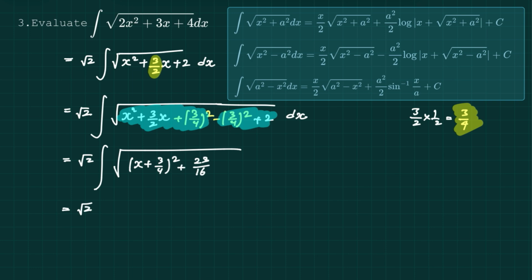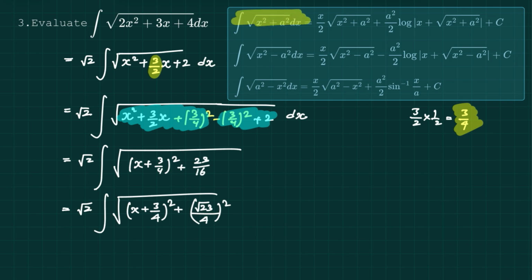Equals square root of 2 integration of x plus 3 by 4 whole square plus, writing this in the square, we can write square root of 23 by 4 whole square. This is in the form of the first formula, that is square root of x square plus a square, and since this is a linear polynomial we can directly apply the formula.